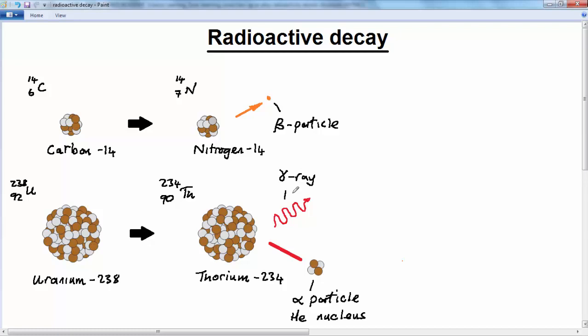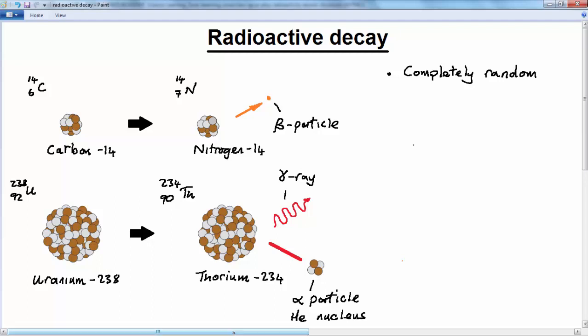Now the other thing we want to say about radioactive decay is that it is a completely random process. And let's just make a note of that first. It is completely random. That is, it is impossible to say when a carbon-14 or uranium-238 nucleus will undergo radioactive decay. All we know is that it will happen at some time.